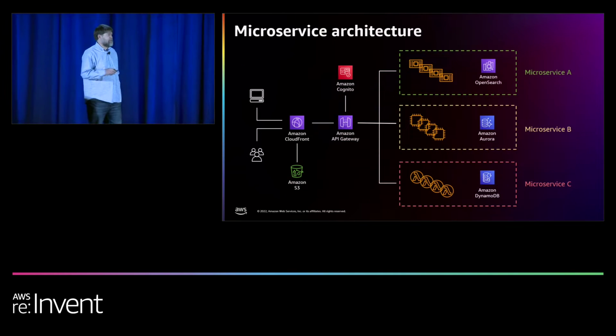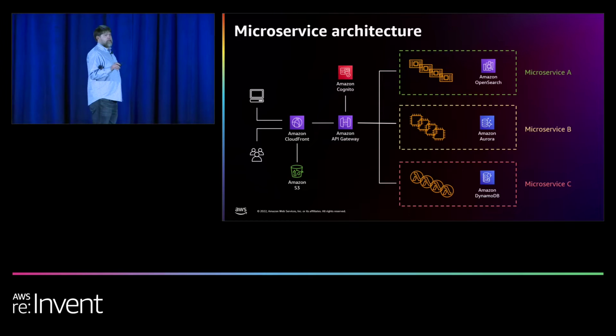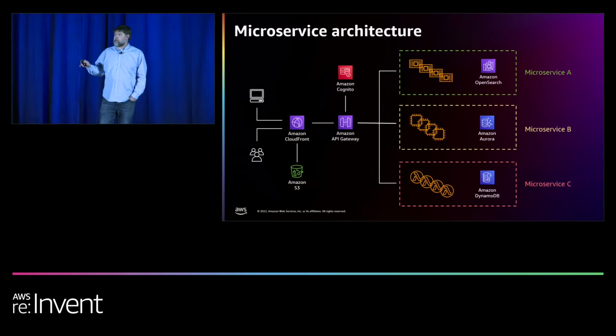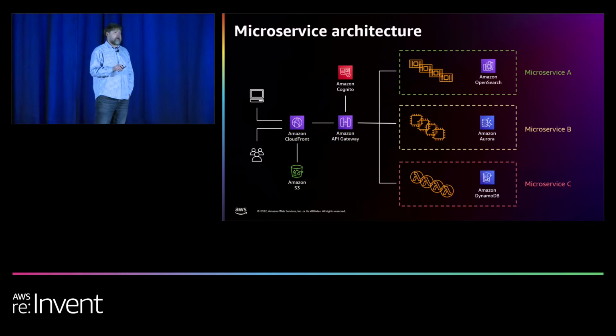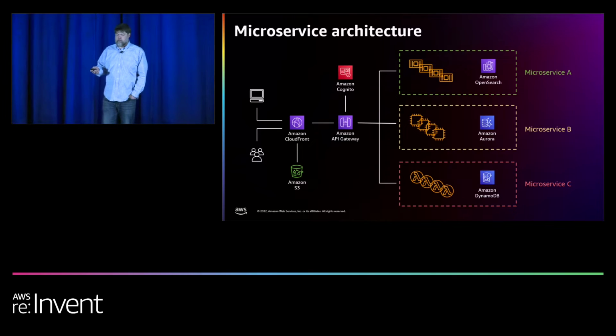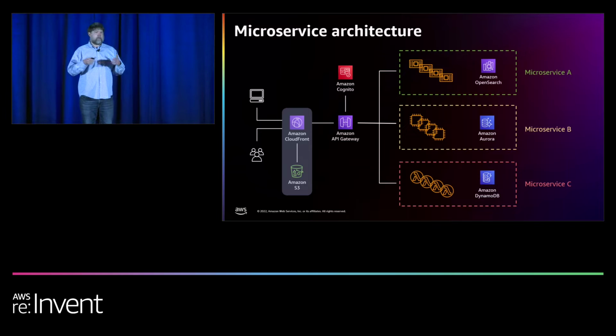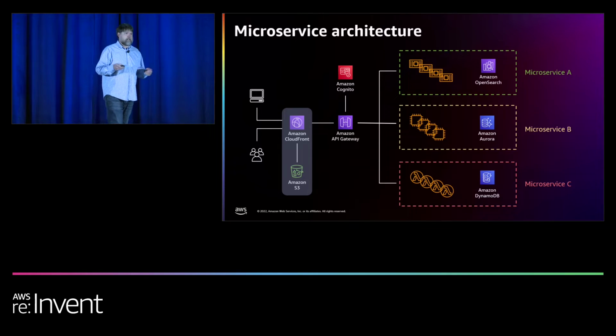Okay, so let's set the stage here. Let's make sure we're all talking about the same thing. So up on the screen, I've got a very generic microservices architecture. And there's a couple of things that we can notice about this. One is that there is going to be some sort of user interface client that you have.